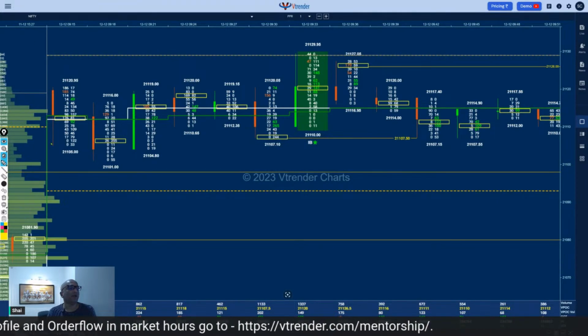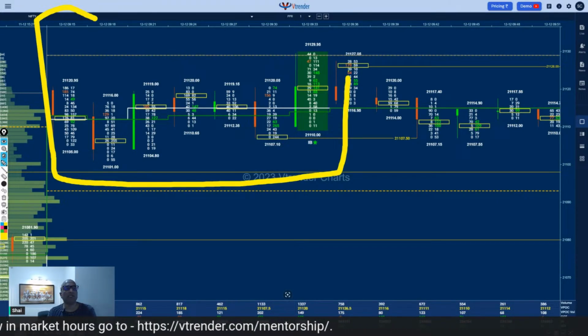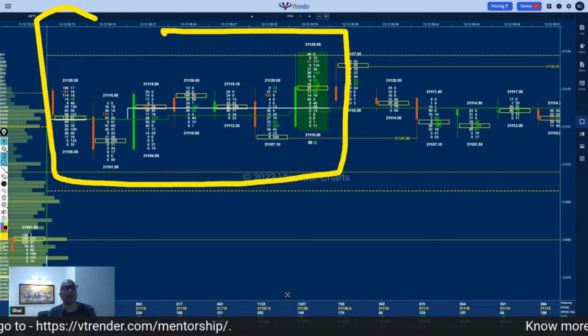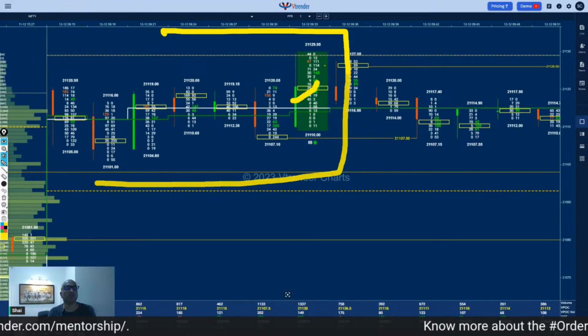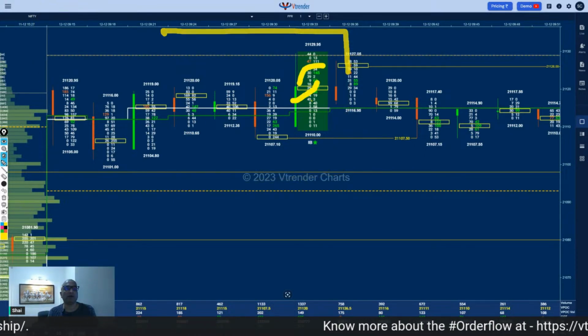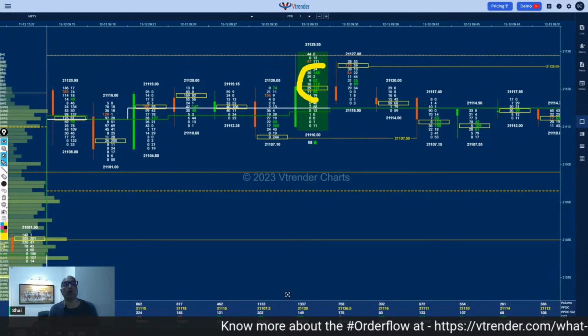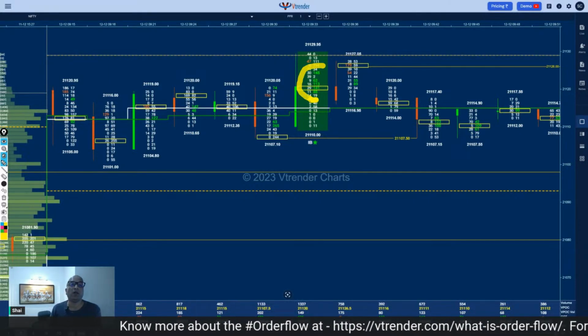So 12:12, and we saw this initiative buyer step up. There was an attempt by the market, and this was a failed auction point. And at this point, we were wondering whether to go long in the market or whether this could be a trend day on the upside.